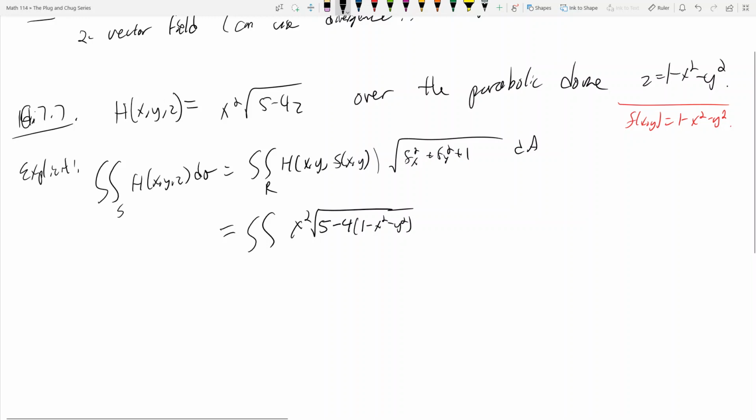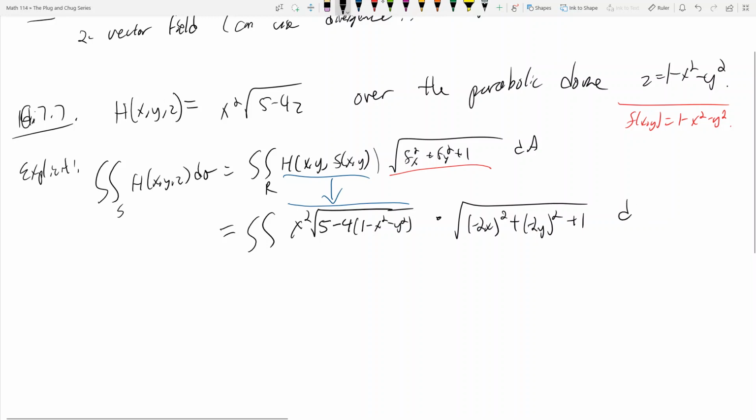So now we need to find this guy. We already found this one, so this was all this. And f partial x is going to be negative 2x, so this is times the square root of negative 2x squared plus f partial y, which is also negative 2y squared, plus 1. And then dA at the end.